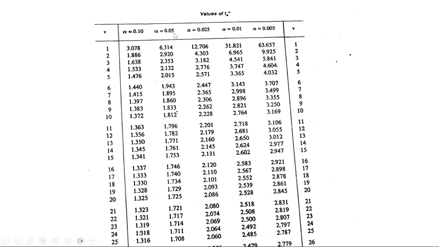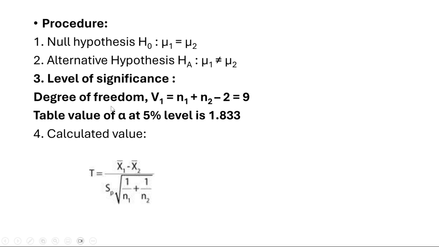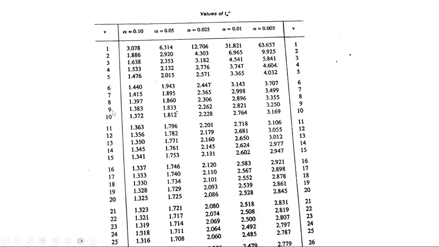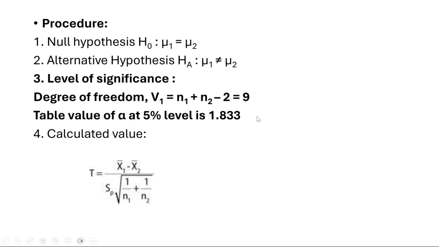So for 5% of alpha, the t distribution for the given degree of freedom, which is 9, the value is 1.833. So this is how your table value should be calculated. Here it is already mentioned in your problem.